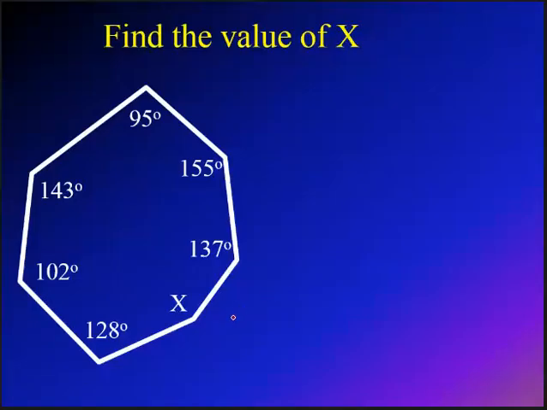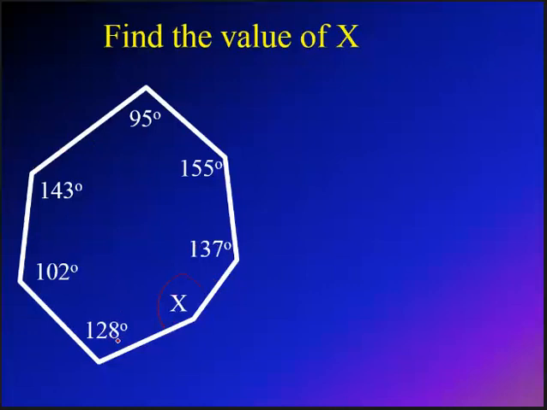Okay, here's another type of problem you might encounter. We're trying to find this missing angle here. Now, this is not a regular polygon. How do we know it's not regular? Because the angles are not the same. But the sum is still going to be the same no matter whether it's regular or not. I still have the same number of angles.